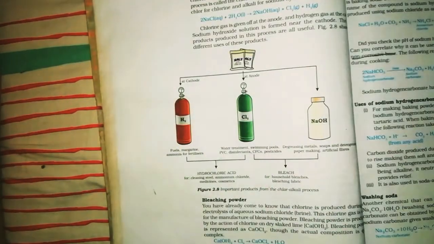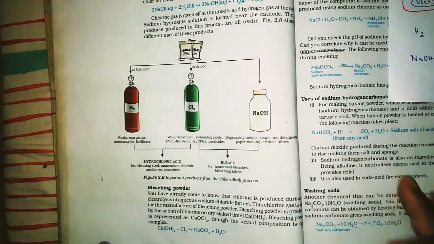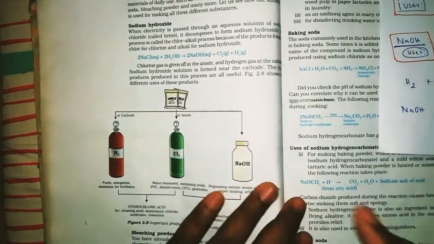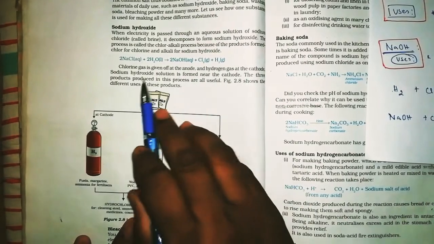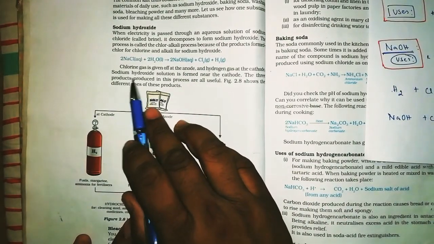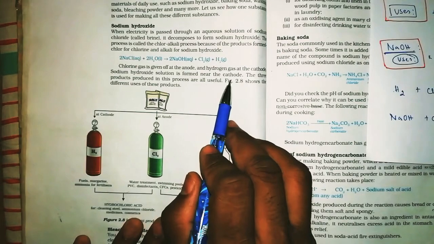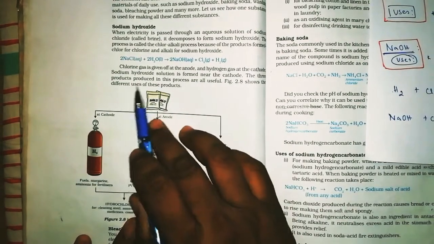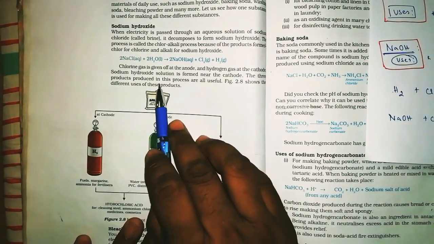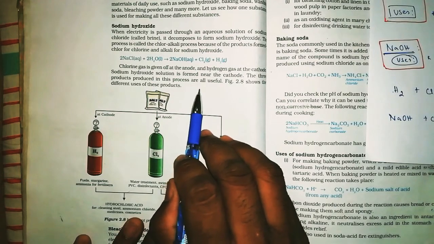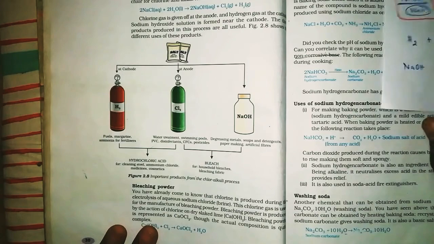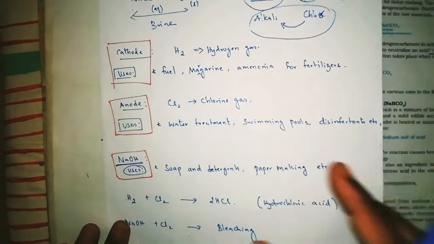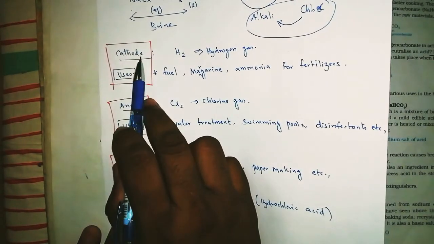Let us see what are the uses of this. You can see in your book, chlorine gas is given off at the anode and hydrogen gas at the cathode. Sodium hydroxide solution is formed near the cathode. The three products produced in this process are all useful. In the cathode, what is formed?